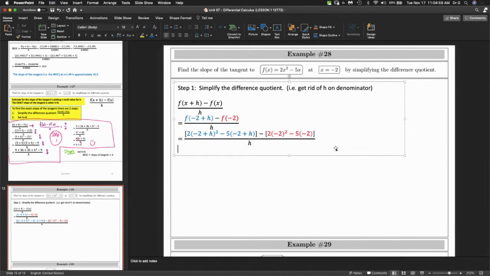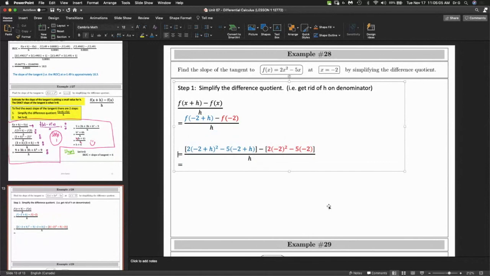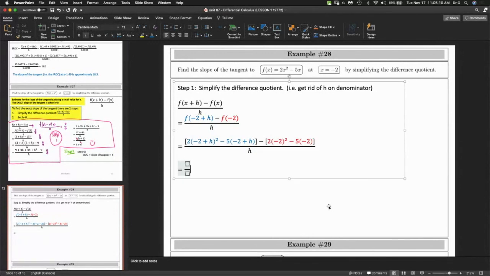And if you can clean up this mess, eventually you are in good shape to finish. So let's double space this because it's looking a little bit weird. So in this first square bracket, we have 2 bracket, negative 2 plus h. And then you have h on the bottom.